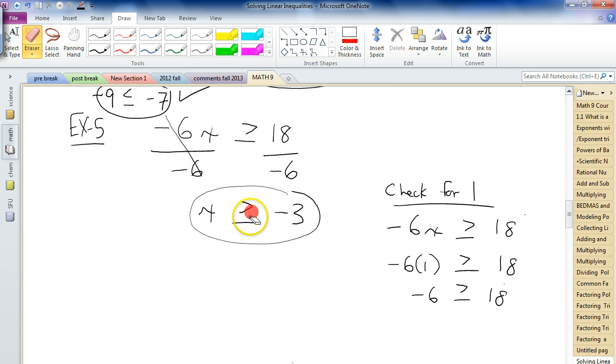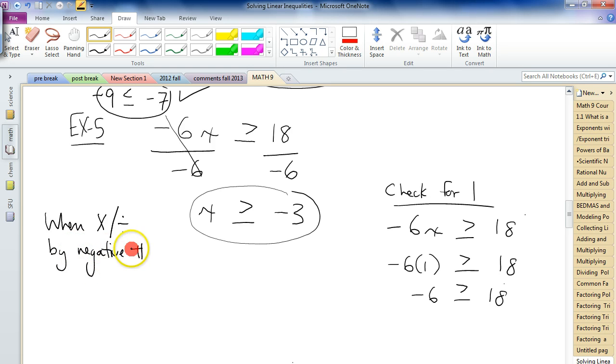When you're multiplying or dividing by a value that is negative, the sign needs to switch. The inequality needs to switch.